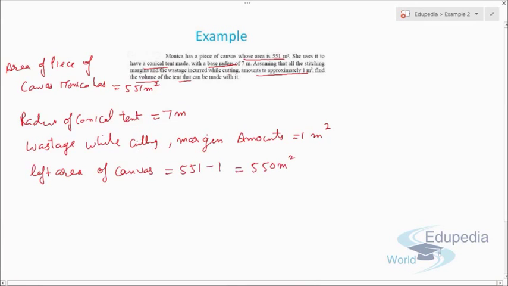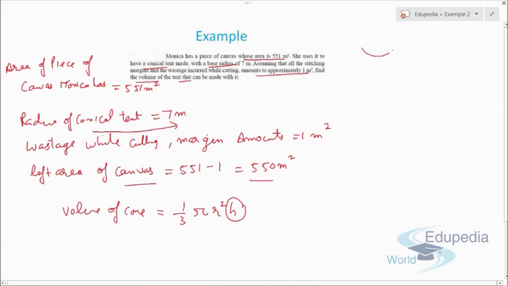Now we need to find the volume, right? So volume of cone is 1 by 3 pi r square h, right? So we have r over here 7 meter. However, we need to find h. So let's see how we can find the h using the area, right? Now area of canvas is 550 meters square, and this is the curved surface.